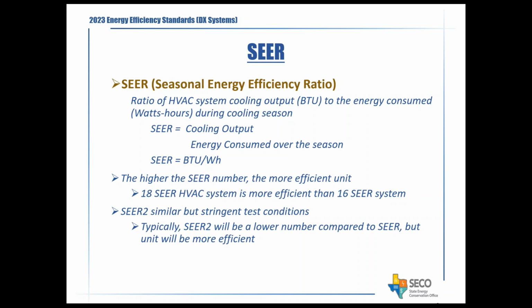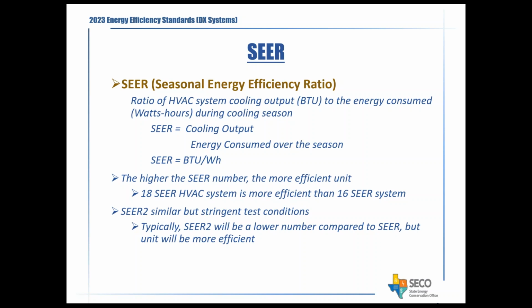So the higher the SEER number, the more efficient the unit. So an 18 SEER HVAC system is more efficient than a 16 SEER system. SEER 2 will have a similar definition, but it will be tested under more stringent test conditions. So typically SEER 2 will be a lower number than SEER 1, and it gets a little confusing, but the unit will be more efficient, okay? So just something to keep in mind.